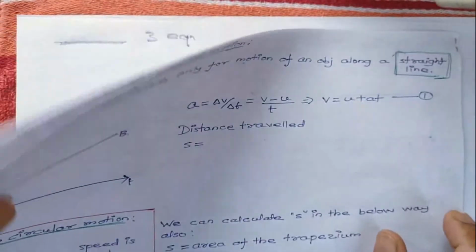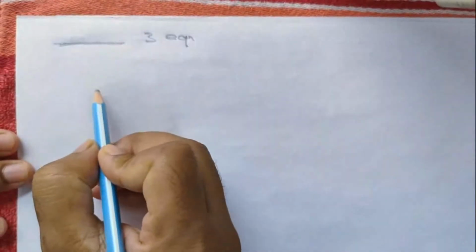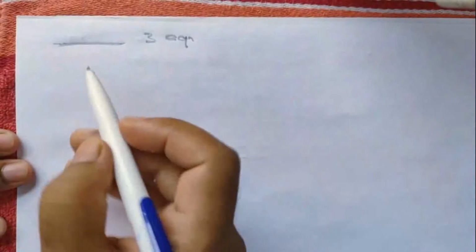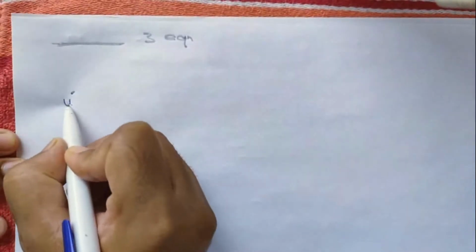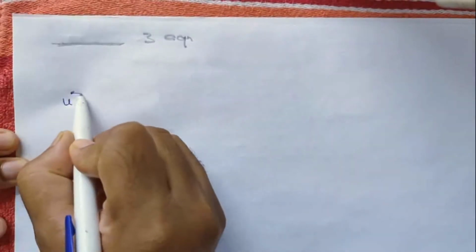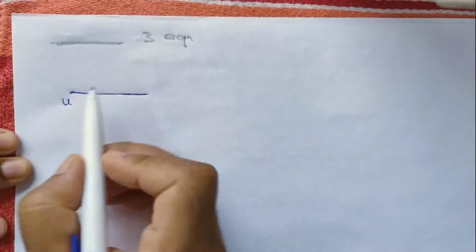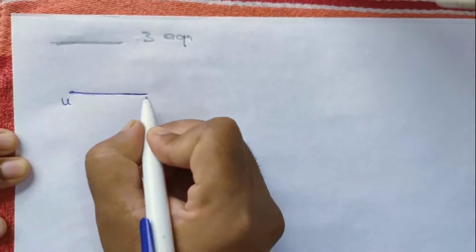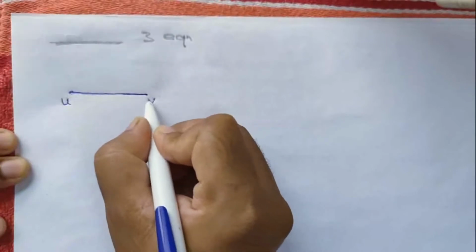Suppose an object moves a certain distance. It started with the velocity u, and reached the destination, it is a straight line, and the final velocity of the object is v.